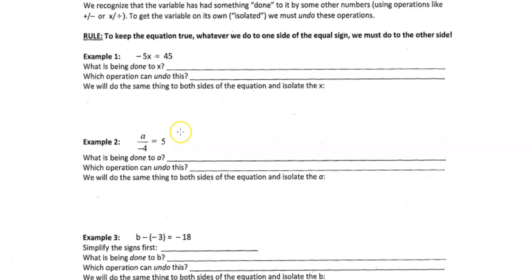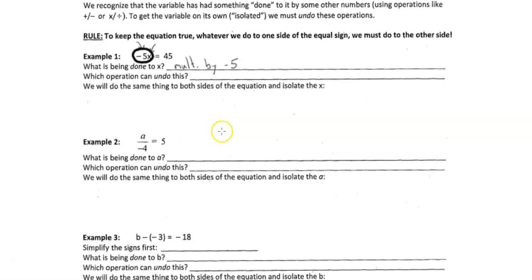So what we have to do, first step, is look at this and say, what's being done to x? In this case, x is being multiplied by negative 5. To undo an operation, you have to do the opposite operation.